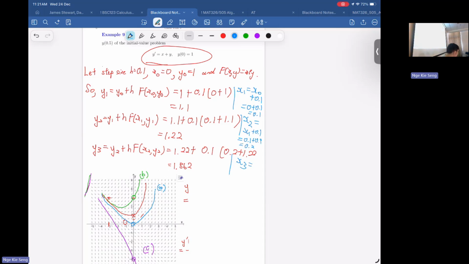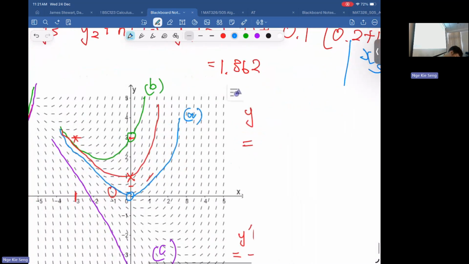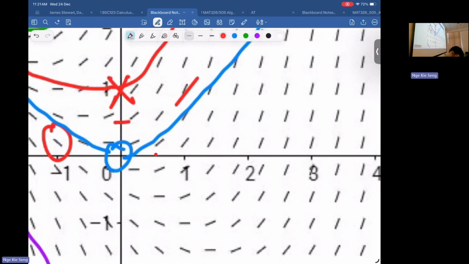I think you should know that x3 is 0.3 because it's 0.2 plus 0.1. So let's check on these points: 0.1, 0.2, 0.3. Very small. So maybe somewhere here, 0.1, 0.2, 0.3. Actually too far already because half is around here, right? So this is half. So 0.1, 2, 3, 4 like that.